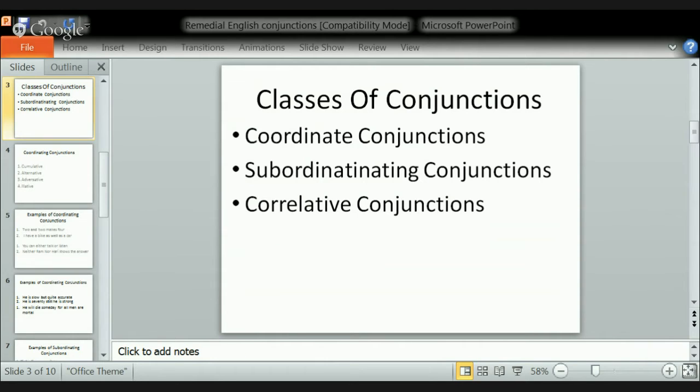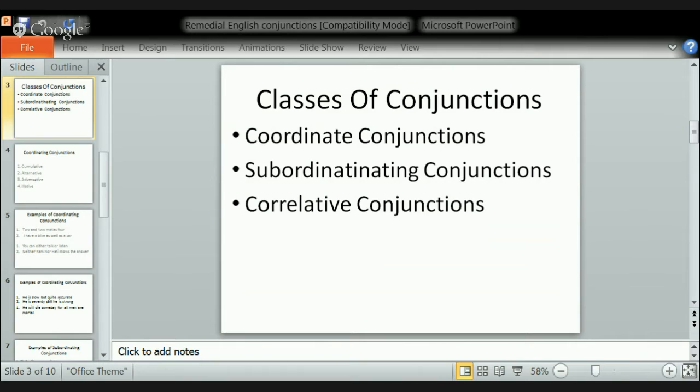Similarly, in a sentence, there will be an independent clause and a dependent clause. A dependent clause clearly has to depend on the independent clause, and the independent clause doesn't have to depend, because it is independent. The boss doesn't have to depend, right? But the subordinate has to depend upon the main person, or the subject.